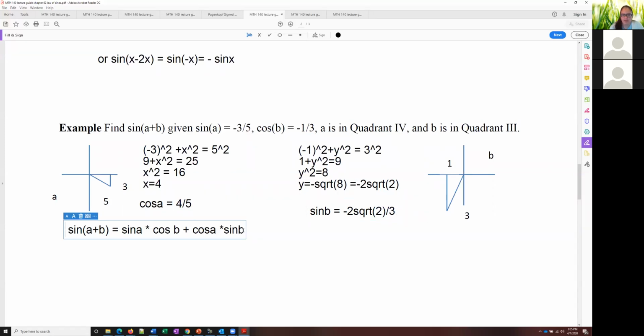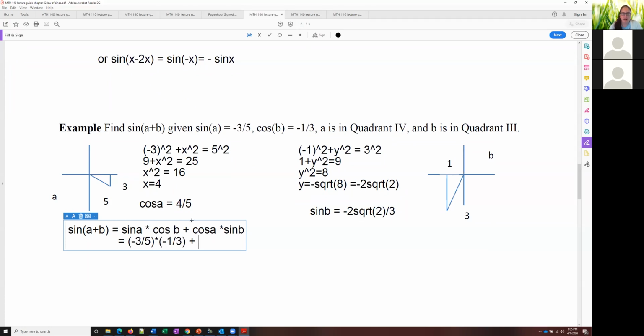Okay, so now that I've figured out the missing values, I'm ready to go ahead and plug things back in. So the sine of A plus B, we know that's equal to the sine of A. We were given that the sine of A was negative 3/5. We know the cosine of angle B. We were given the cosine of angle B was negative 1/3.